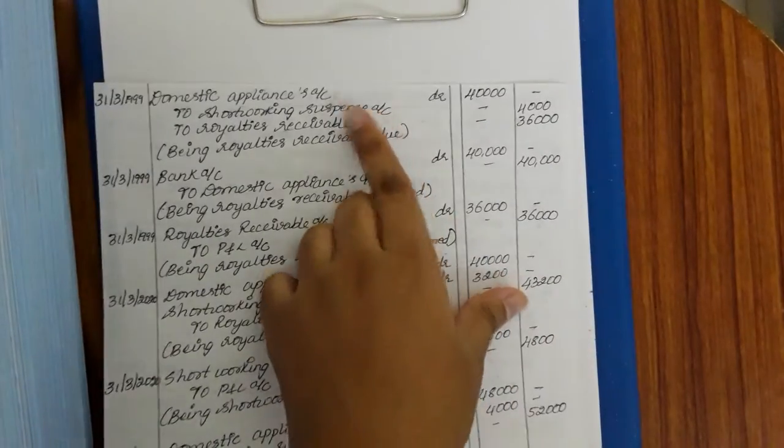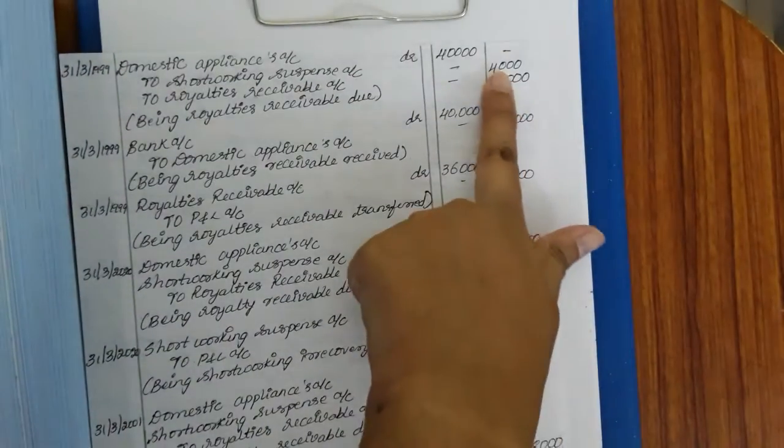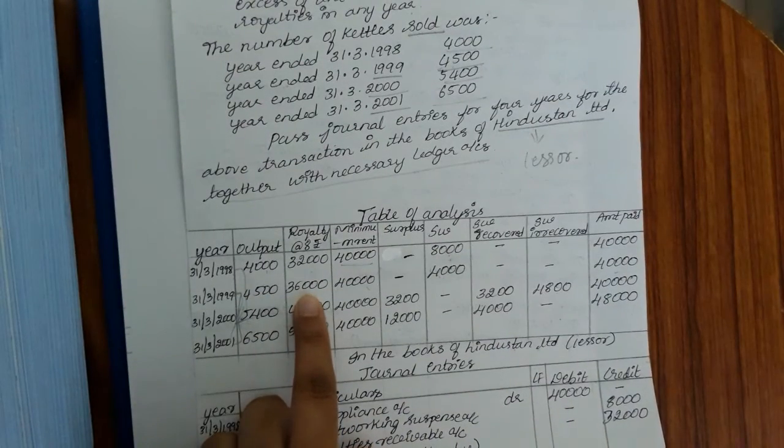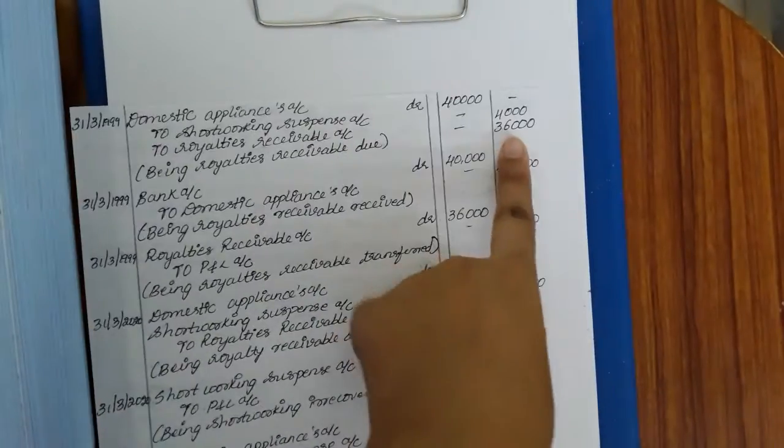Yes, domestic appliance account, that is 40,000. How much is the short working suspense? 4,000. And the exact royalty earned by the lessee, that is 36,000.